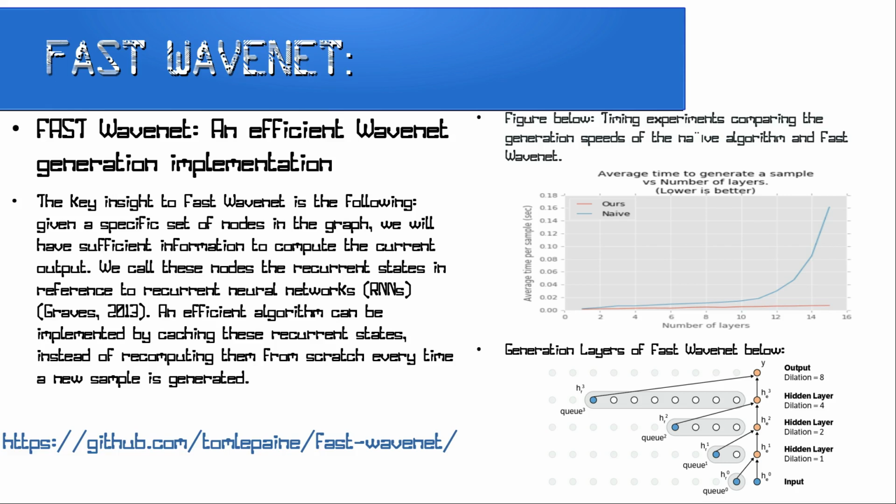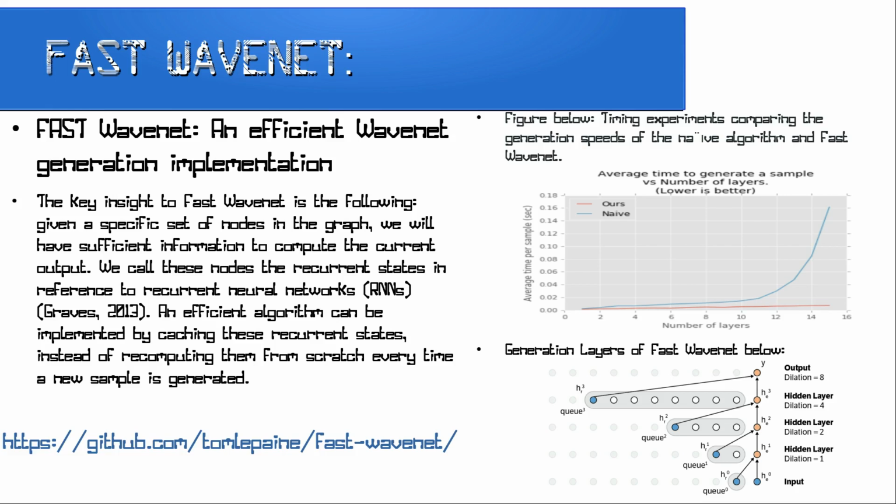Compared to the naive implementation that has complexity order of 2 to the power of L, where L denotes the number of layers in the network, our proposed approach removes the redundant convolution operations by caching previous calculations, thereby reducing the complexity to the order of L time.